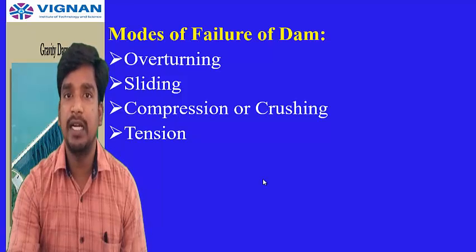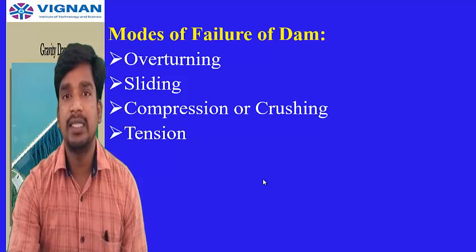First and important is overturning of the dam. What is the overturning force and how does it cause overturning of the dam, because of which the dam may not be stable. It may lead to the failure of the dam.